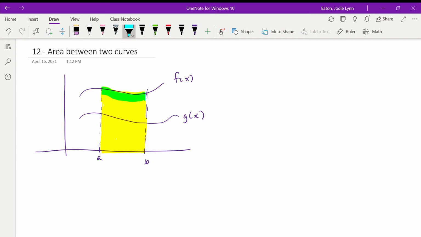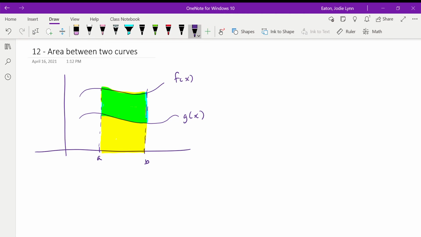So that's going to be this area right here. Now we notice that this is the same as the area under f of x take away the yellow area, because area subtracts. So to get the area in just the top piece, we want the whole area minus the bottom area.